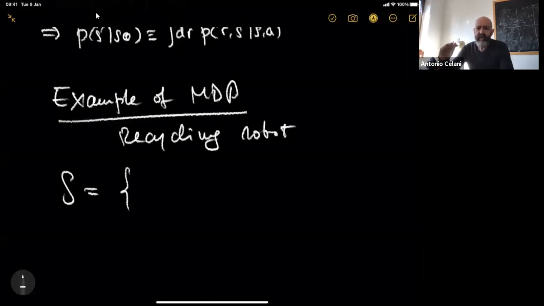The only thing that matters in the relationship of the agent with the environment is whether the agent is at a level of charge which is high or low. Nothing else matters. It's a very simple description.